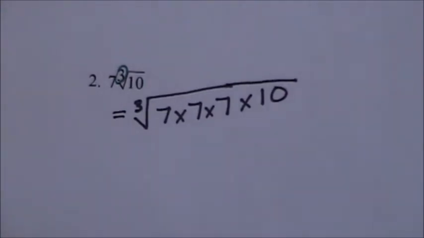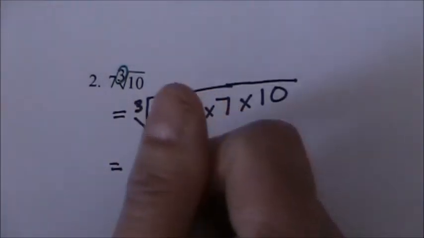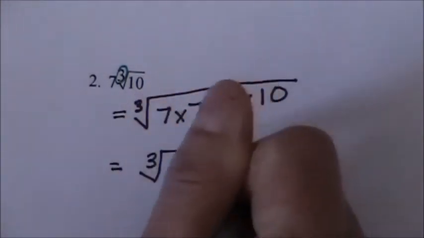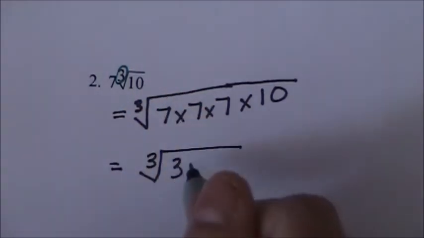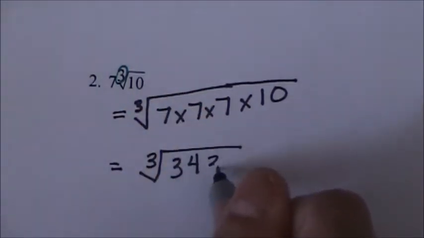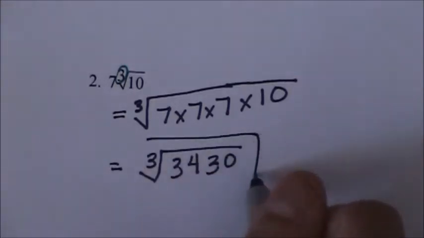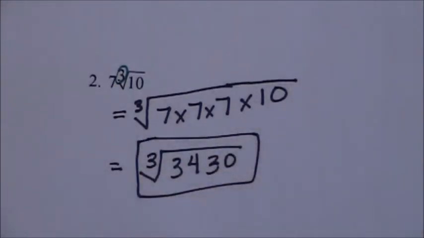Notice that when I originally wrote that radical sign, it wasn't quite long enough, but I extended it to make sure we had all the numbers that belonged under it. Now, if we multiply these together, we end up with the cube root of 3,430.